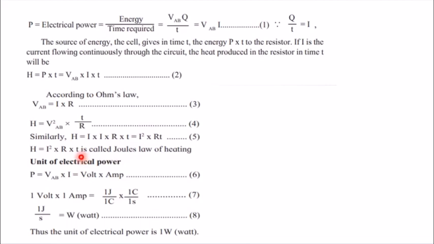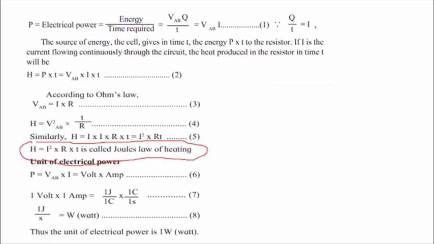So what we got, our final equation, is H is equal to I square, that is current, into R into t. And this is called Joule's law of heating. So heat is equal to current square into resistance into time. This is our final equation that we have got.